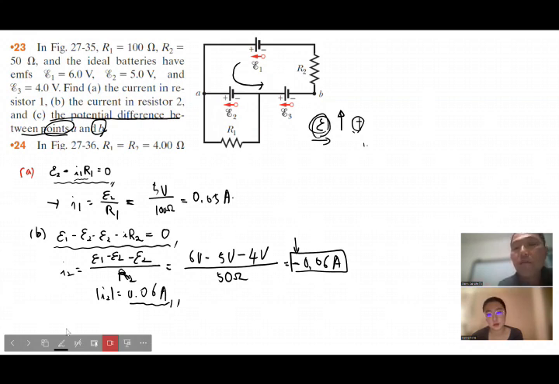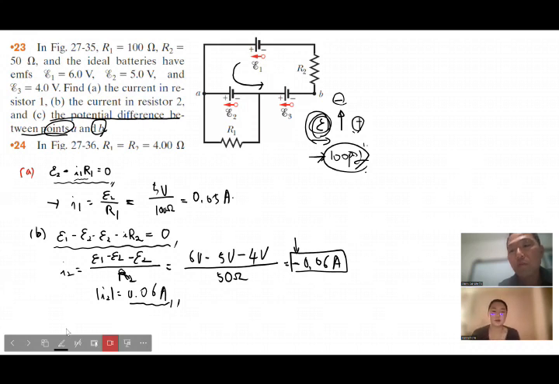But if the current along that battery EMF is in the opposite direction to the loop, then that battery should come with a minus sign, because that creates the potential drop. So that's the rule.